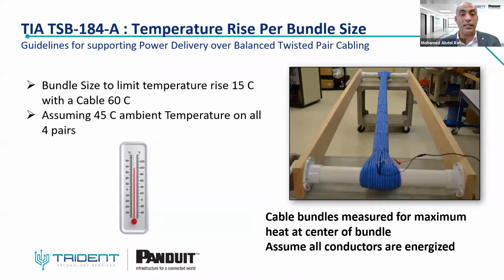The recommendations start with using 23 AWG wire gauge for the cable, and also the TIA guidance TSB 184-A, which is the guidance for the temperature rise per bundle, recommends that the temperature will not exceed 15 degrees in the center of the cable.